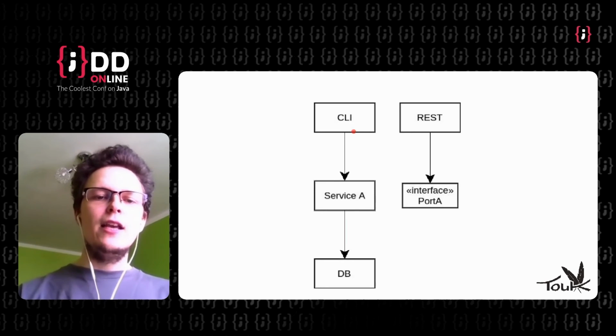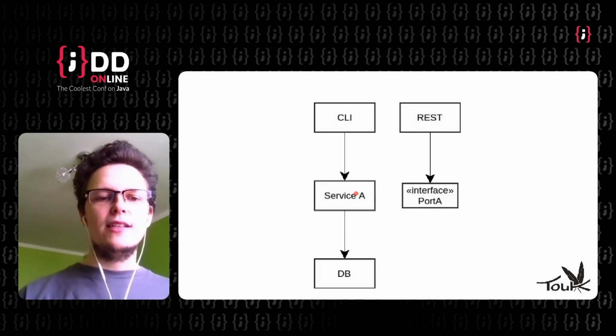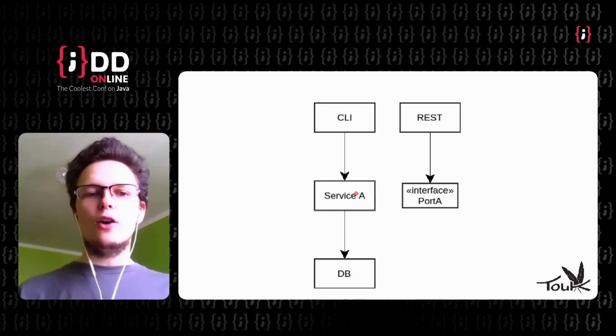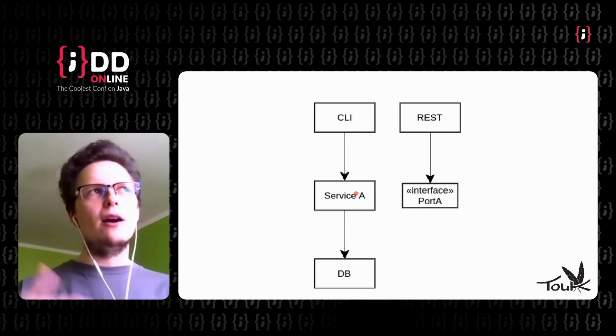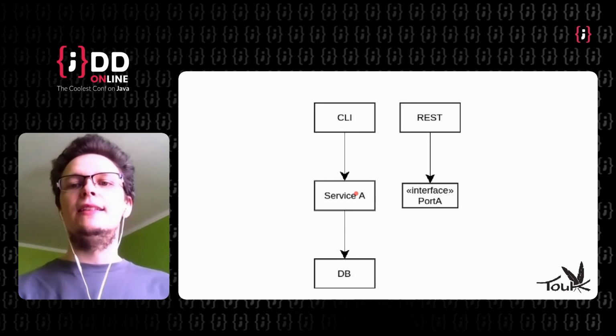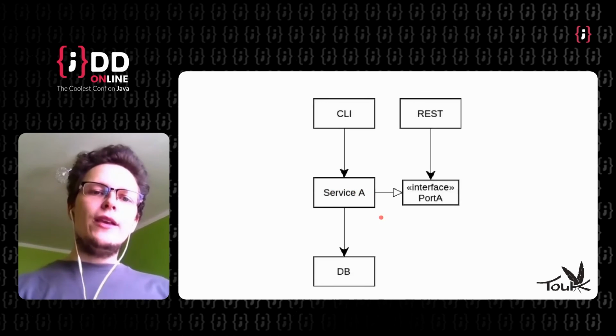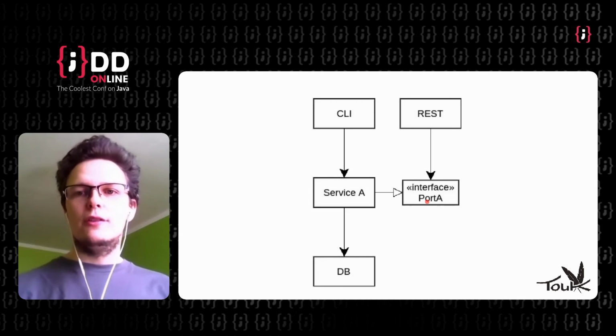So first, we have to move some knowledge from CLI to service A to make service A really contain all the domain of our application, of our request, for example, or some feature that we want to expose via REST.